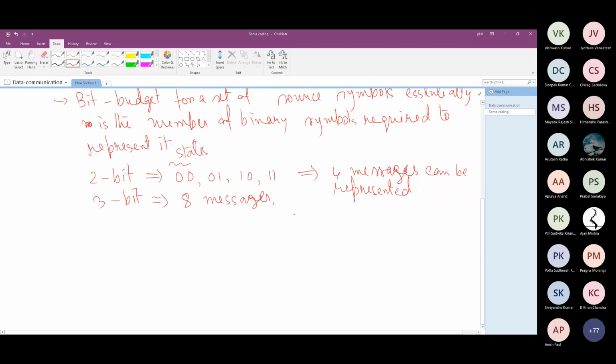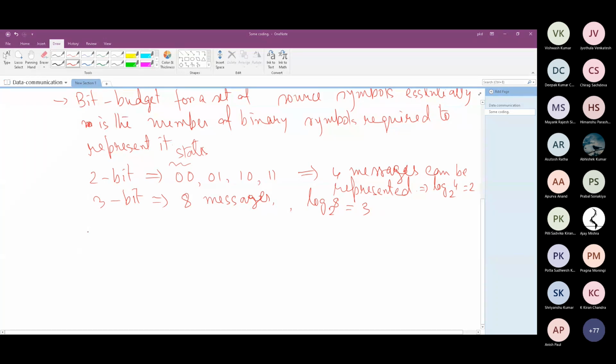In general, say if we have n messages, we can see that log 8 to the base 2 equals 3, and log 4 to the base 2 equals 2.